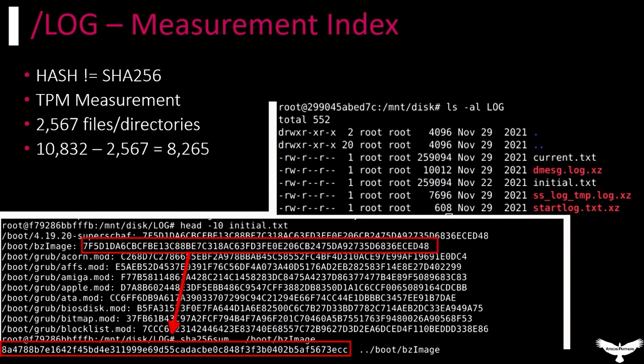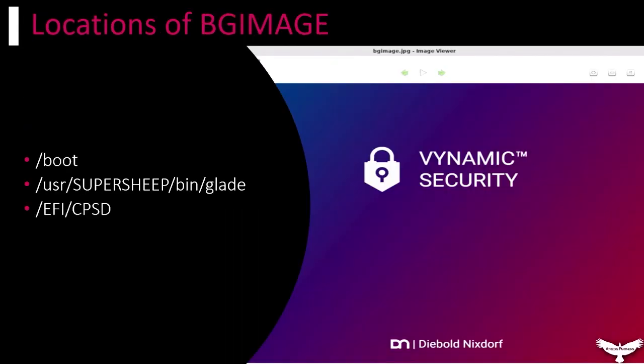In these scenarios, I like to take a step back and look for a default common denominator. In this case, it happens to be background images. So the default Dynamic Security background image is located in a few different locations. Images are generally benign, and they're not validated during this integrity validation process. So randomly pick one, modify it, and reboot the system.